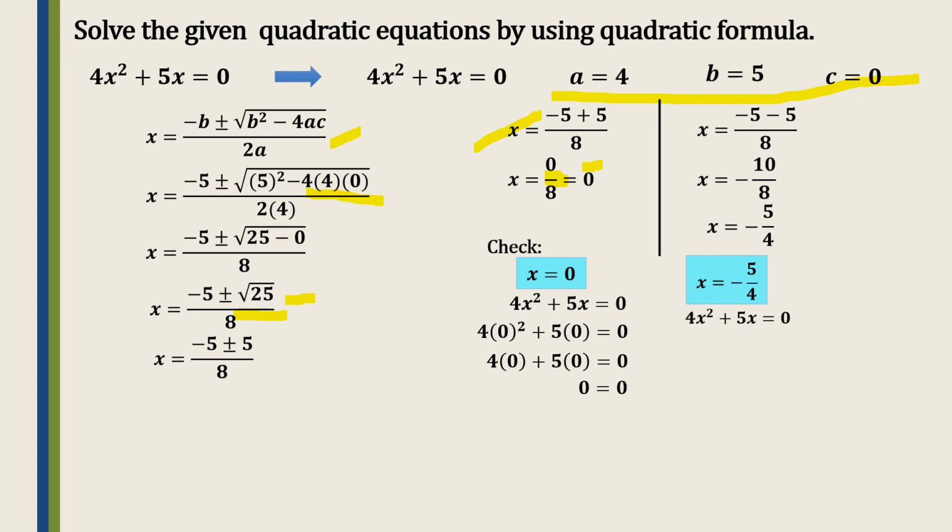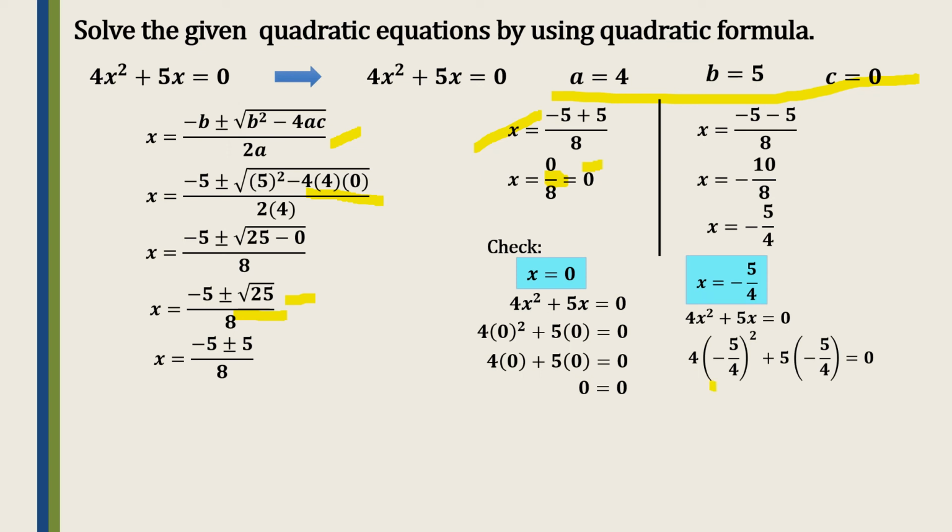Proceed tayo sa negative 5/4. So, gamitin ang original equation. Then, papalitan natin ng negative 5/4 ang x. So, ang bagong equation ay 4 times negative 5/4 squared plus 5 times negative 5/4 equals 0.